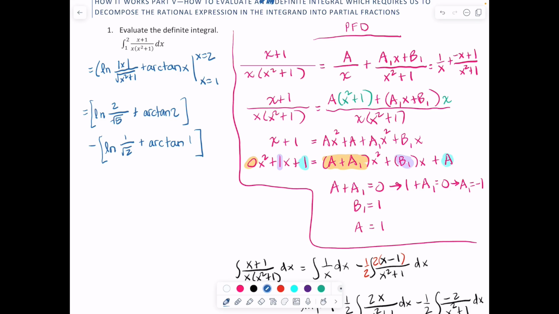And this will give us natural log of 2 over root 5 minus natural log of 1 over root 2.